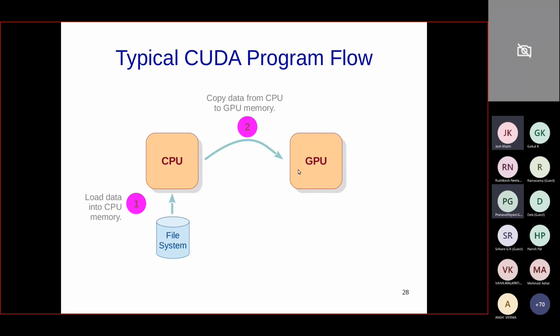Once we have allocated the memory for our matrix or array on the GPU and transferred the matrix data from CPU to GPU, we will execute the GPU kernel, and threads will work in parallel on that array or matrix to perform that specific task. Once that task is finished, we'll copy the results back from GPU to CPU.